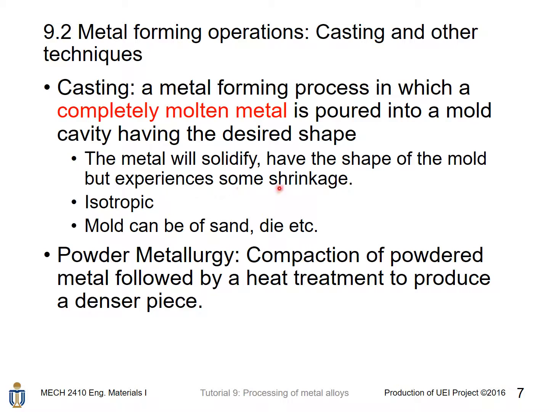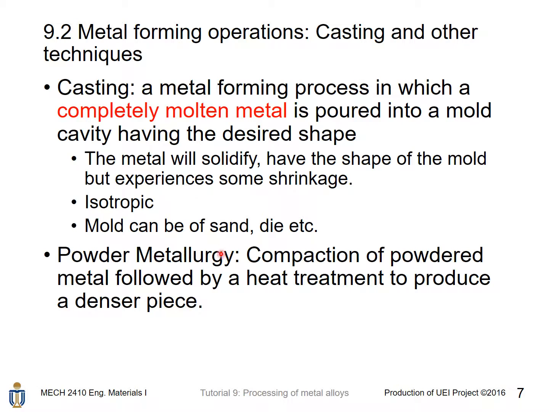The solidified workpiece will have the shape of the mold, but will experience some shrinkage in volume. After the casting process, the metal piece will be isotropic in terms of grain size and grain shape. Such a mold can be made of sand or be a die, etc.